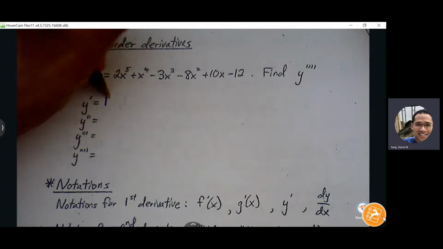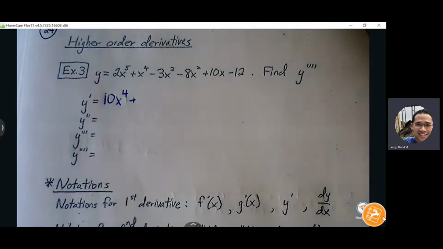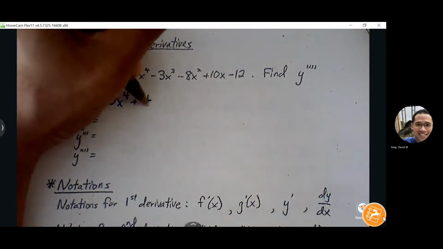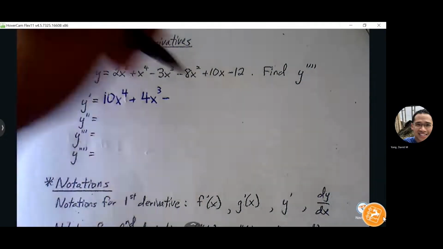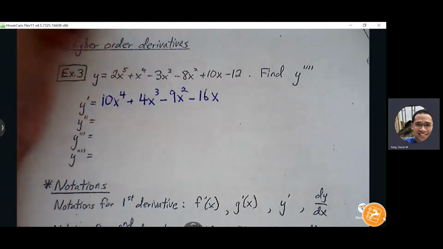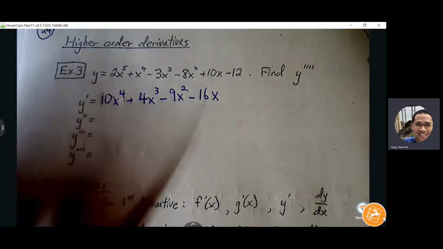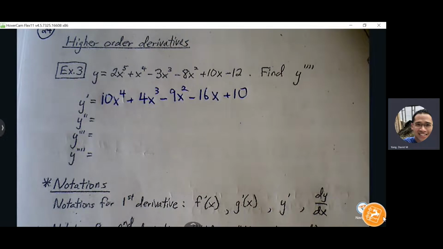So y prime, plus, what does x to the fourth become? For x cubed minus 16x. And then what happens to the last two terms? 10x becomes 10, good. And negative 12, 0. Okay, so every degree is dropping by 1, right?